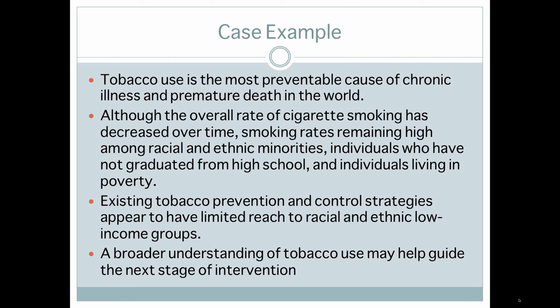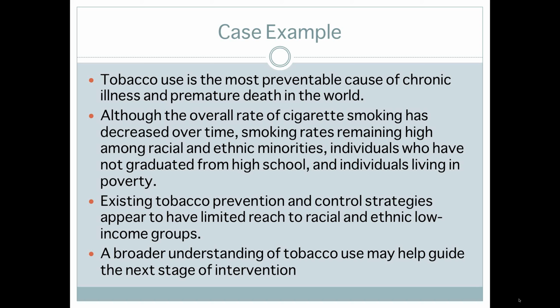So while we see this overall trending downward in tobacco use, which has been very encouraging, that downward trend hasn't been seen by all subgroups in the population. And in particular, smoking rates have remained high among racial and ethnic minorities, among individuals who have not graduated from high school, and from individuals living in poverty.